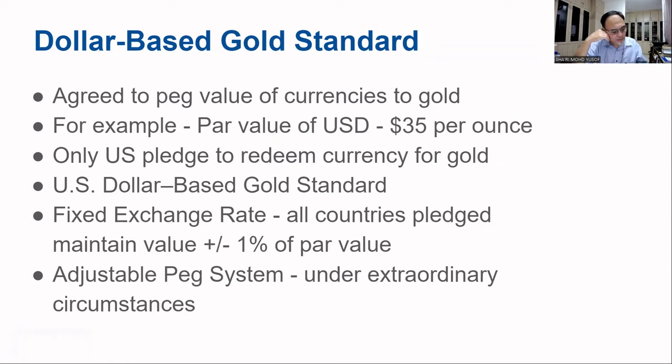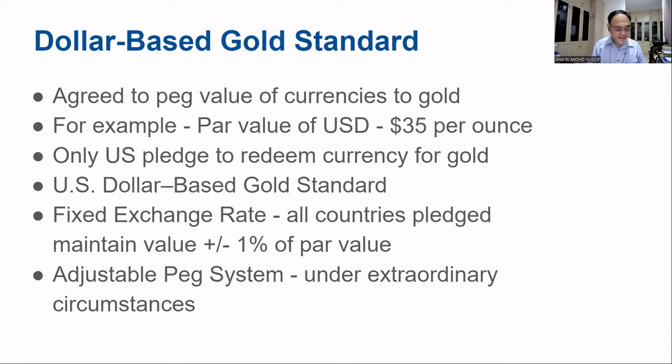For example, the British pound par value was first set at $2.80. The bank was obligated to keep the pound value between $2.772 and $2.82, plus or minus 1% of 2.8.